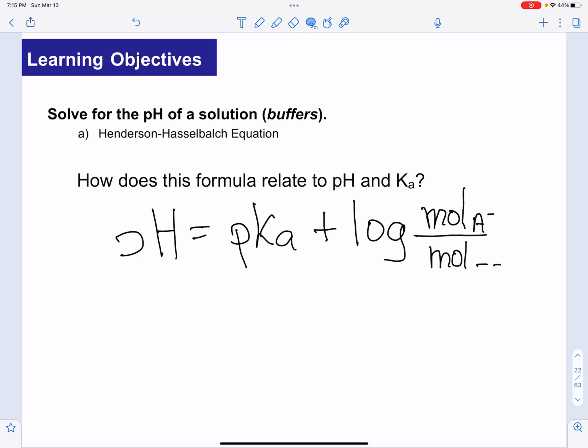Basically, you can find the pH as long as you can calculate the minus log of the Ka, and you can find the moles of the acid and its conjugate base, or the moles of the base and its conjugate acid. So, a super important formula to understand.